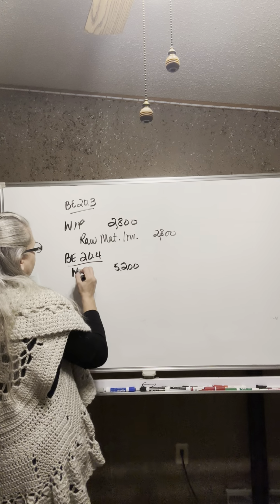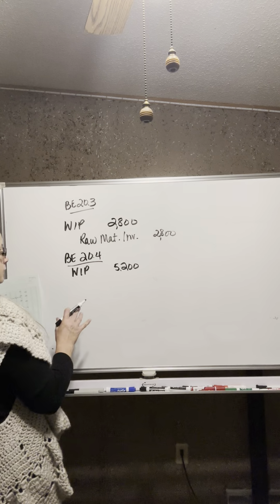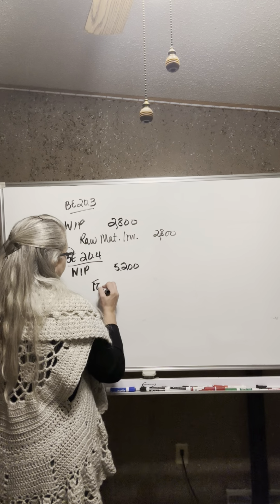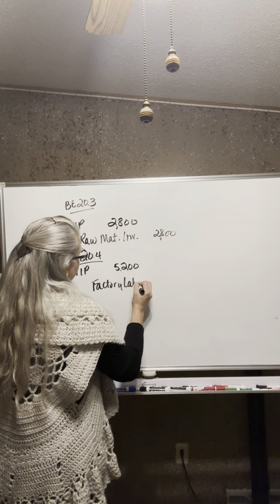That is, again, putting in the process. That's WIP. What are we putting into the process? Well, the factory labor that we set up ahead of time. All of it's coming out of factory labor, and that was 6,000. We know how much is going into the direct product in the end.